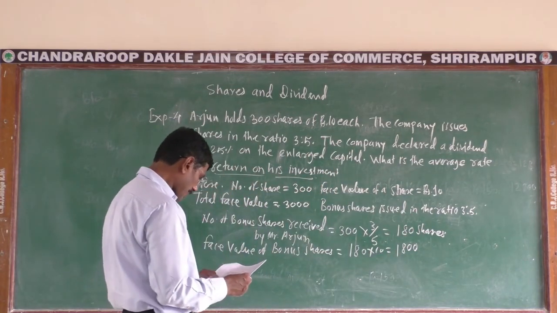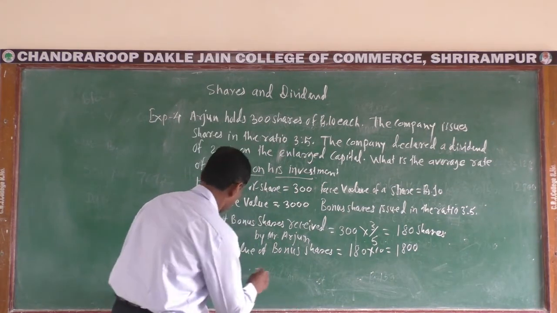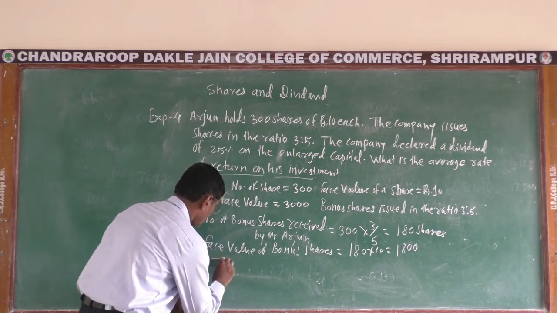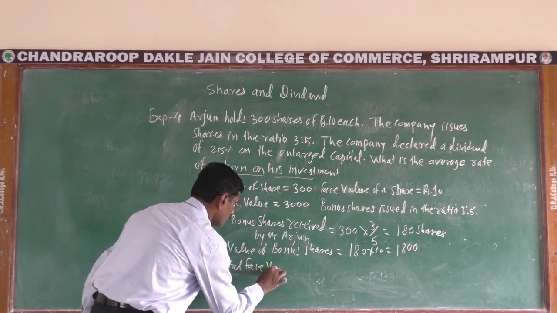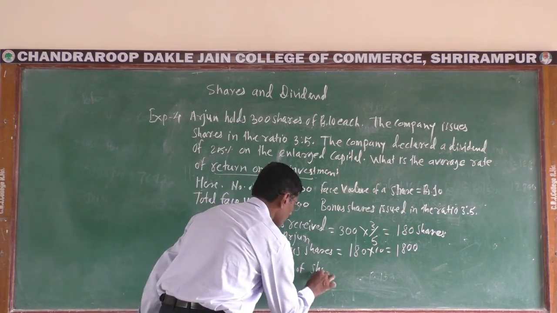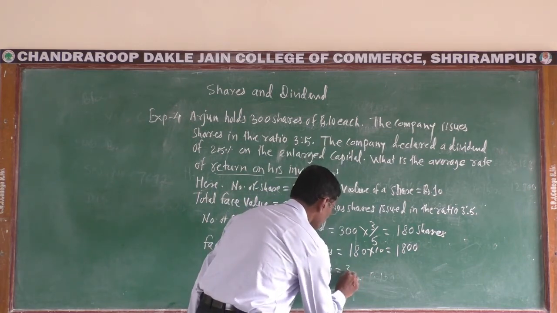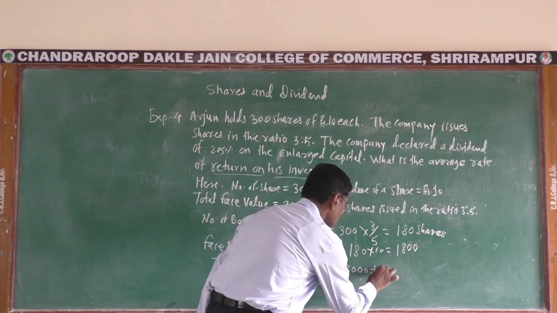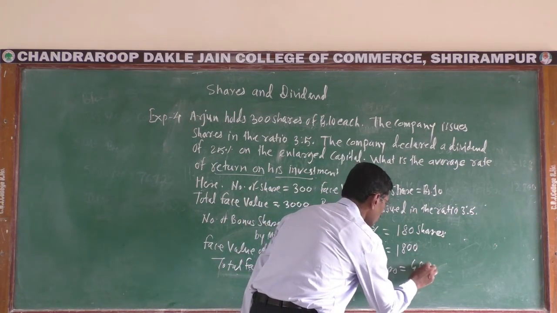Total enlarged capital, total face value of share, is equal to 3000 plus 1800, 4800.